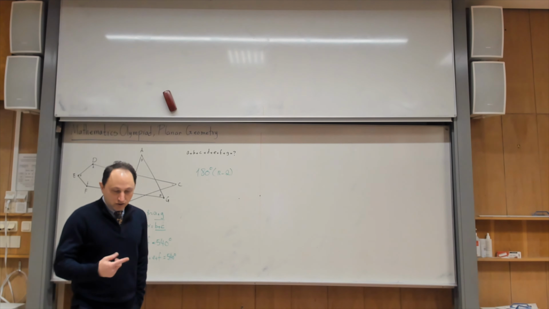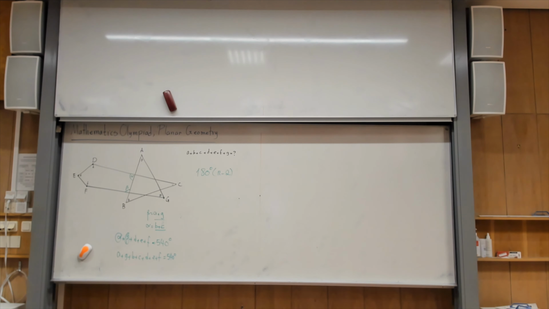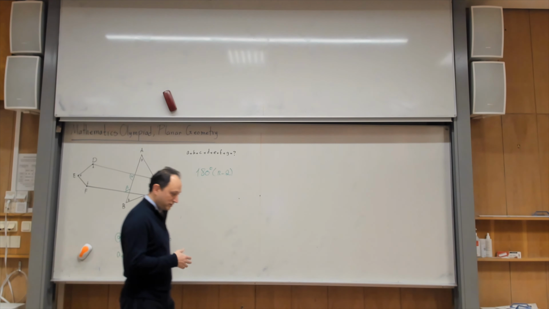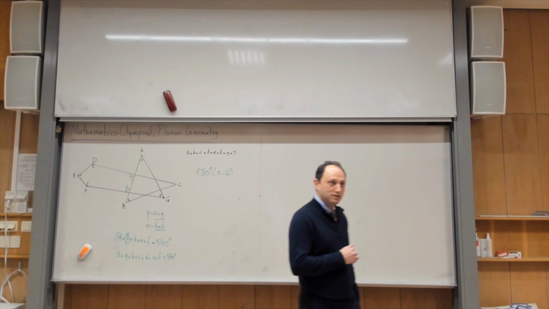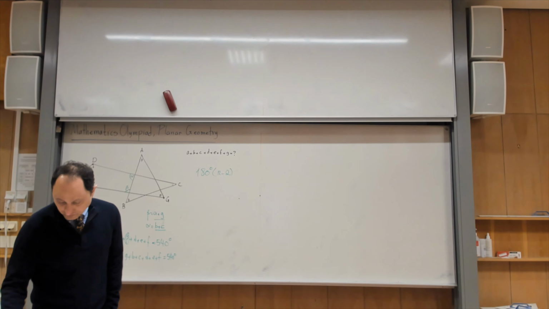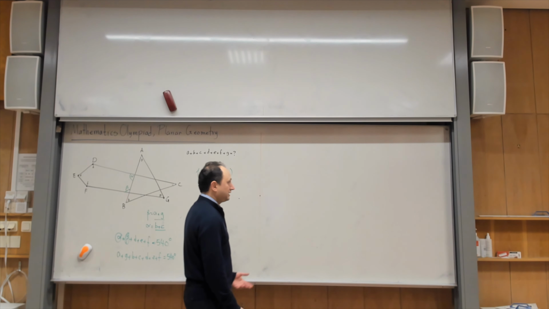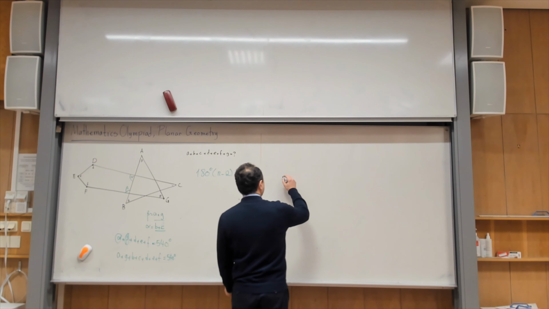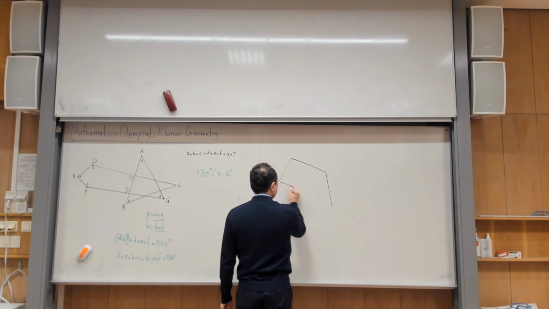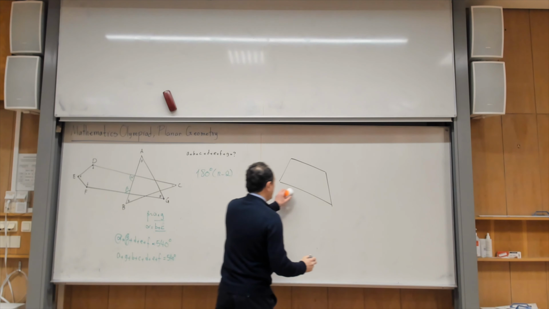But before starting the next one, let us take this problem as an excuse to go a little bit deeper. We will not be able to prove these things because they are a little bit more advanced, but I think it's good to know about them. So far, if I ask you to draw a quadrilateral, usually you draw it in this way. It's a little bit of a special case.